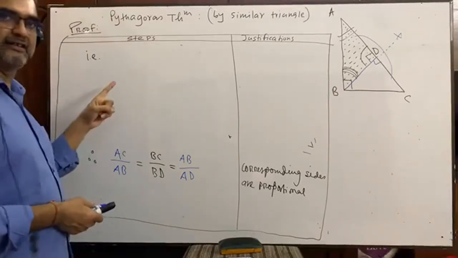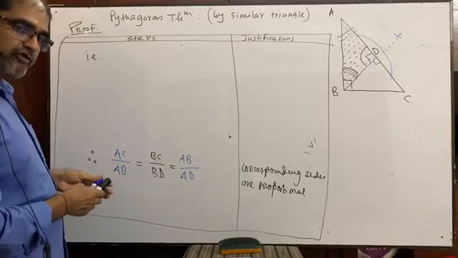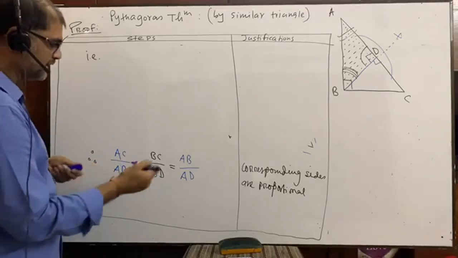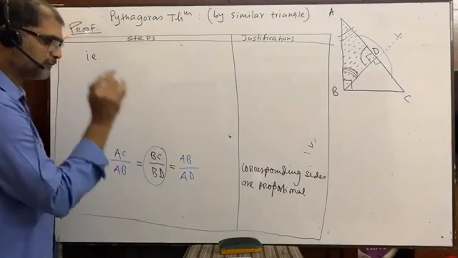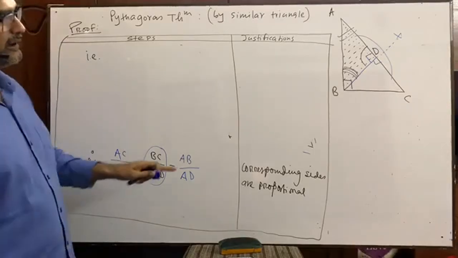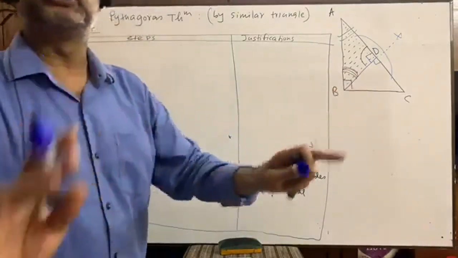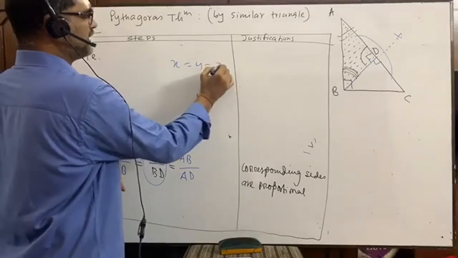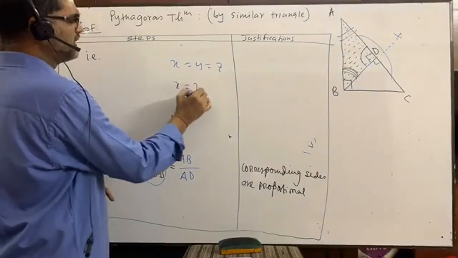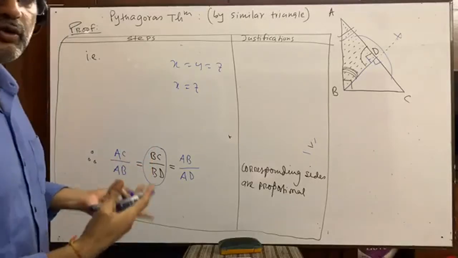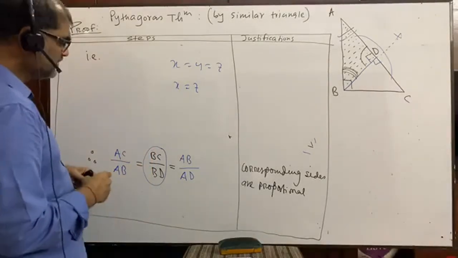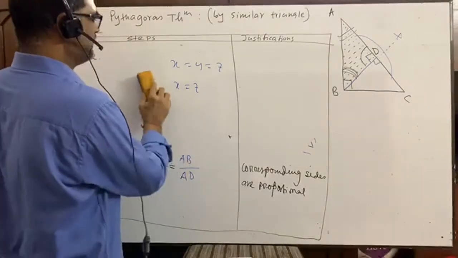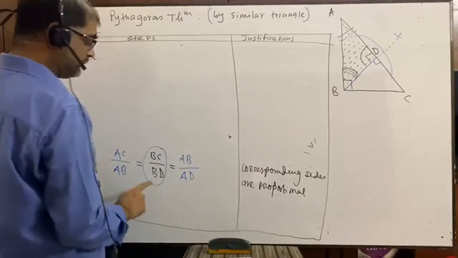Have you got me? This is BD, it is not required anymore. You see x equals y equals z. Can you write x equals z? Yes, we can write. So in this case we will apply this theory, and BD is not required.